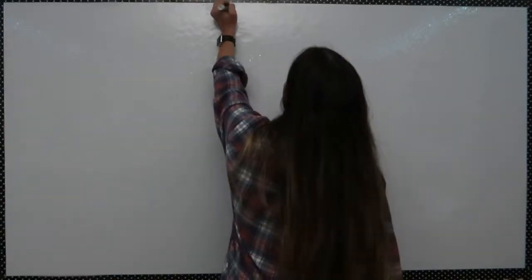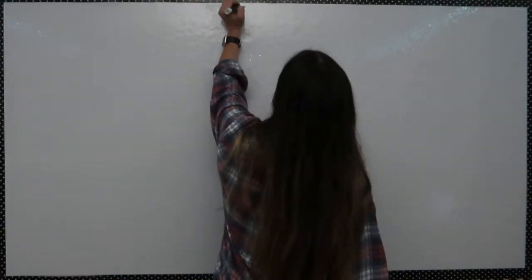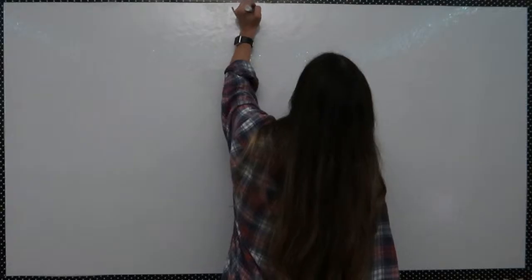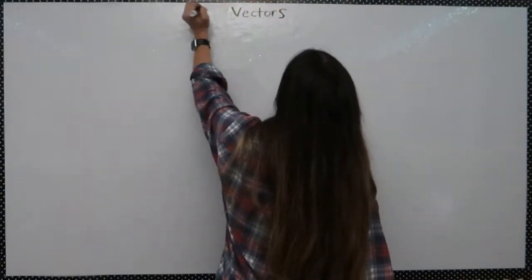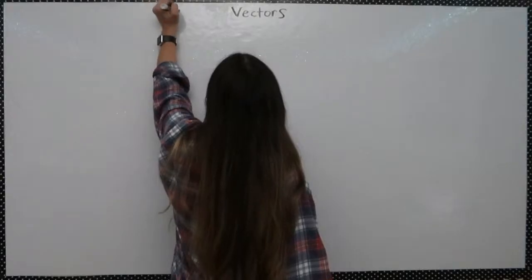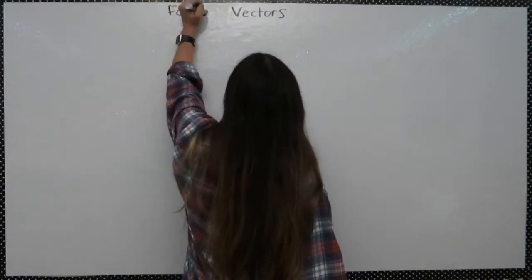What distinguishes a number from a vector is the fact that it has a direction. And we'll label this one force vectors.